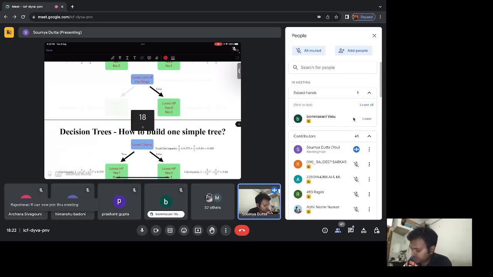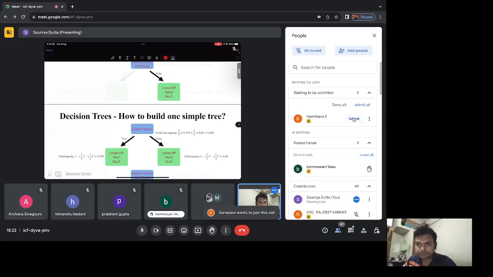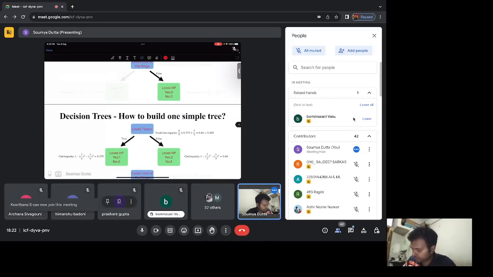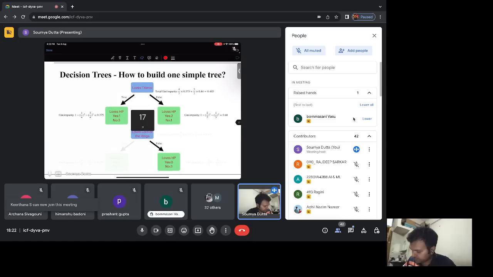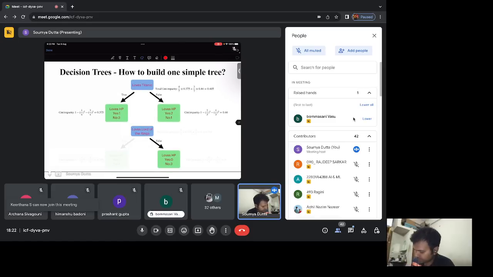Now you do the same thing for Love's Lord of the Rings. So Love's Lord of the Rings, so we come here, right? I am taking this one intentionally, the right one first. So can somebody say what will be the Gini impurity of this particular leaf? It's the same formula, right?